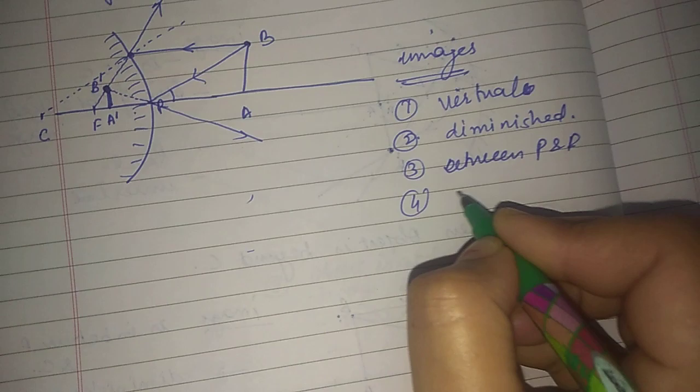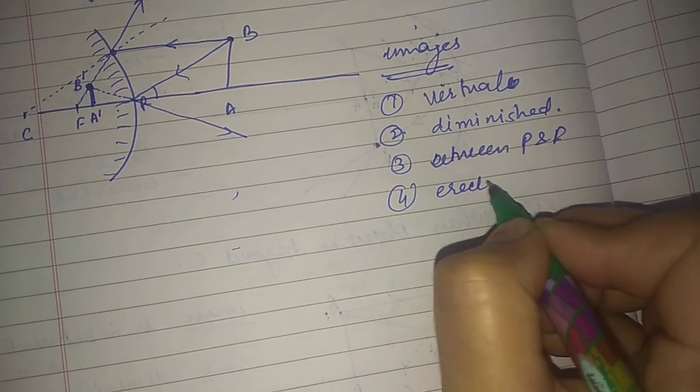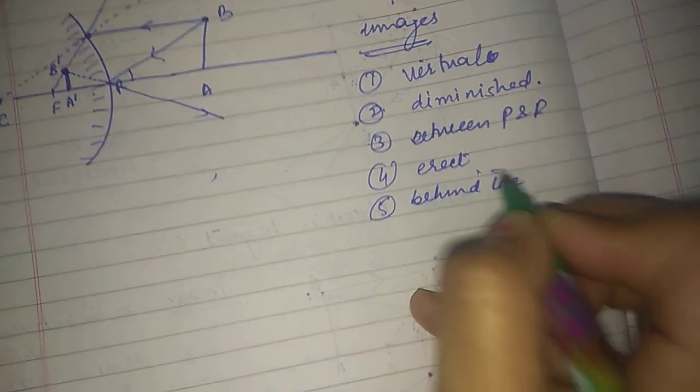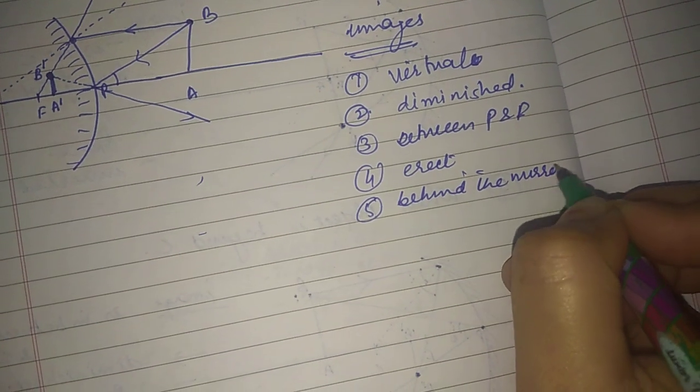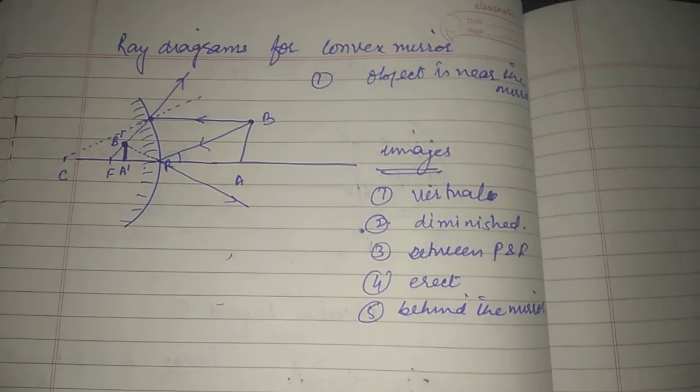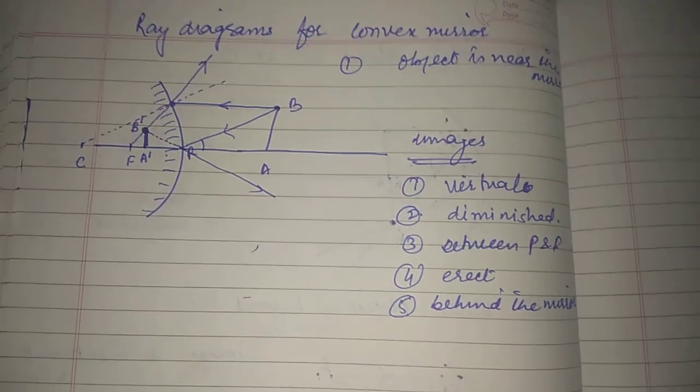And fourth, it is erect. Fifth, behind the mirror. So these are the properties of the images for convex mirror when the object is lying nearer to the mirror.